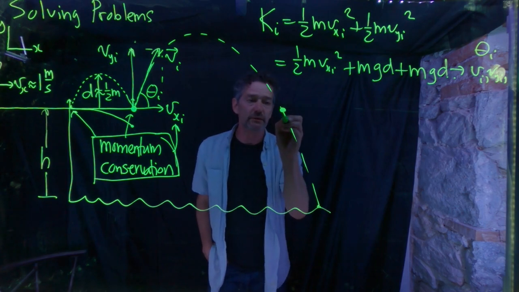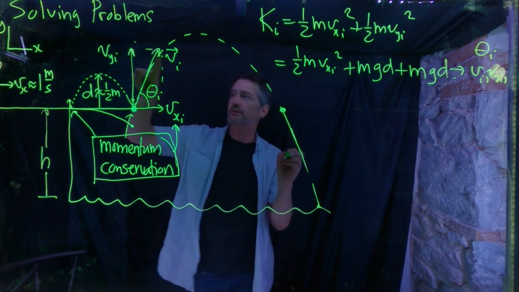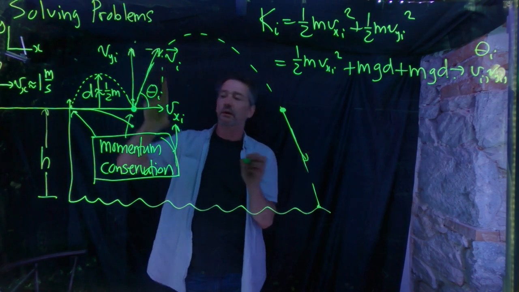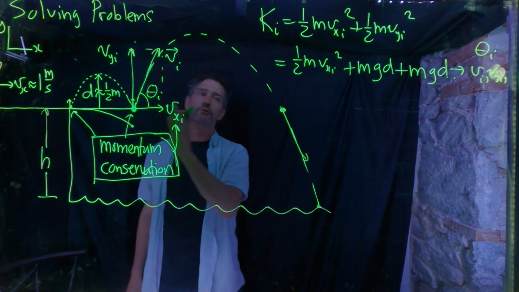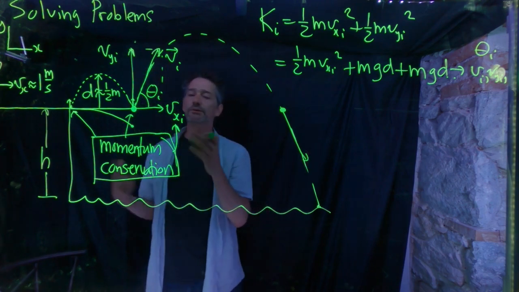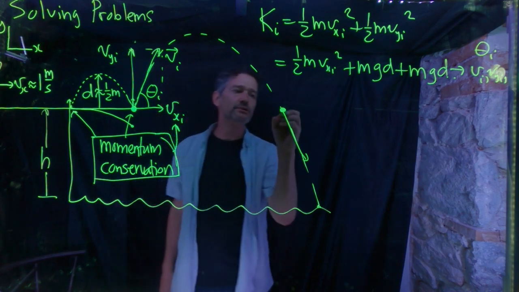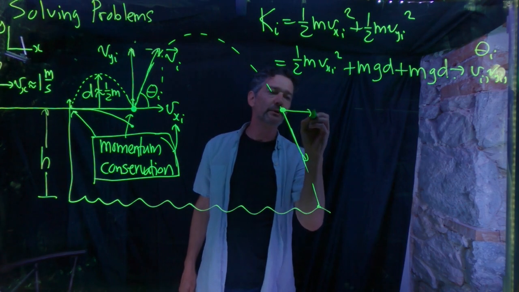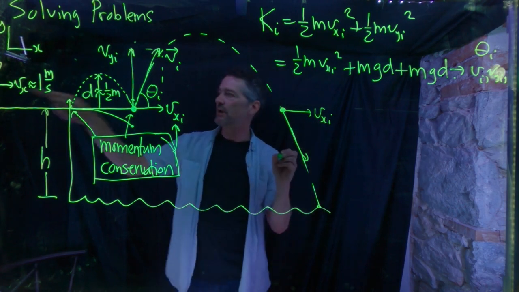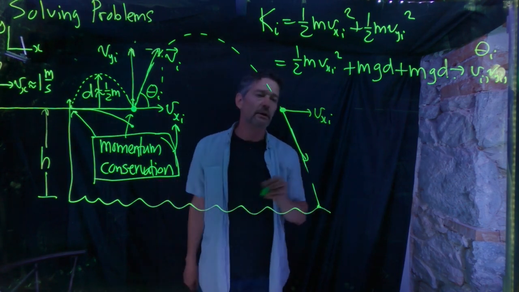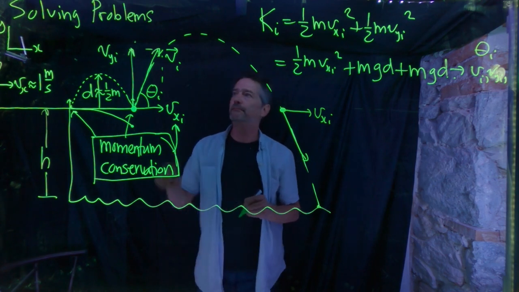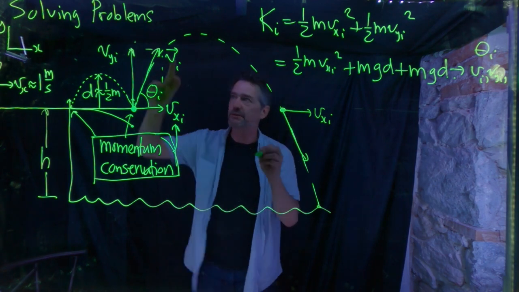And by symmetry, you know that it looks exactly like this. Just take that vector. And I should also say, because there's no horizontal forces acting, the horizontal momentum remains constant. And so the horizontal component of the velocity at this point is the same as it was here and here and here and here. And you know that the kinetic energy is the same, so this speed is the same.